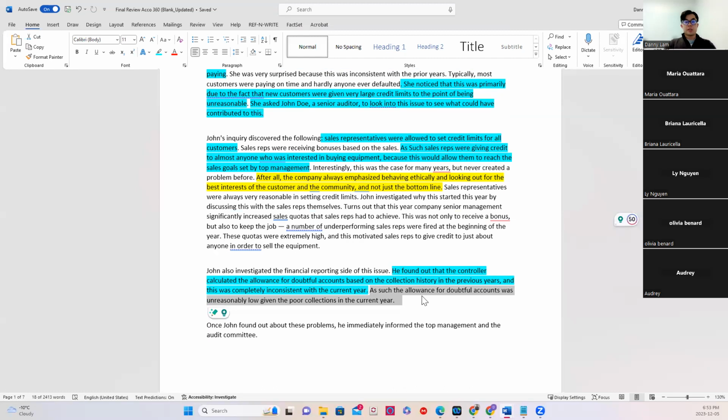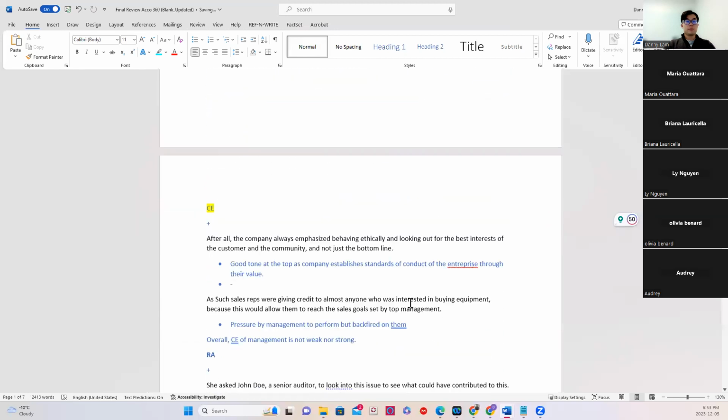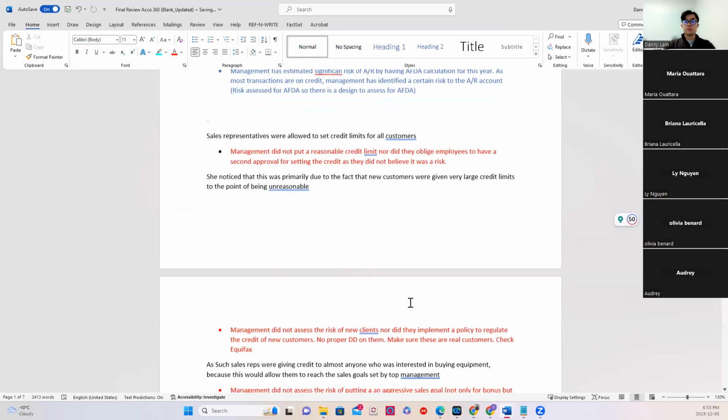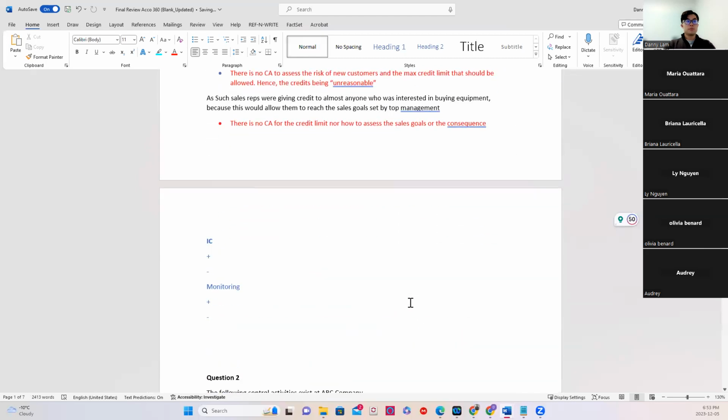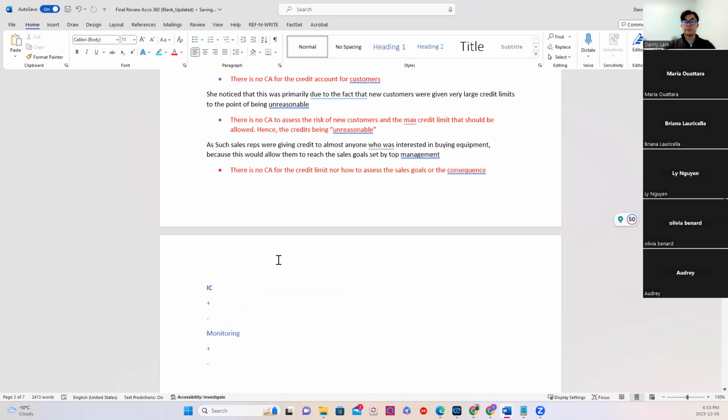So if you discuss risk assessment, what would you say about it? What part of the risk assessment did they do right or wrong?